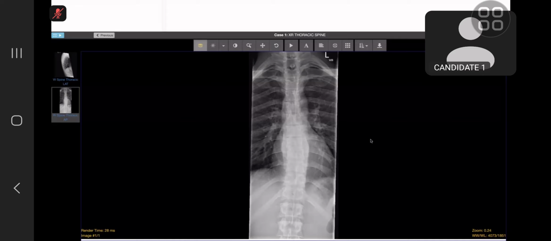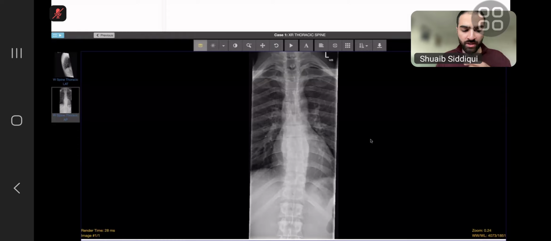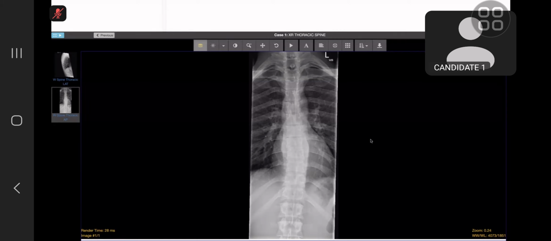So there is evidence of well-defined opacity in the bilateral paraspinal region in the mid-thoracic spine. Okay. So is there anything else you'd like to know or do next? There also appears to be reduced disc space between the two vertebral bodies.